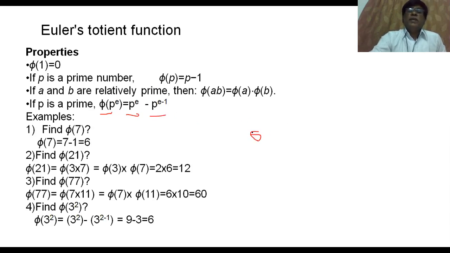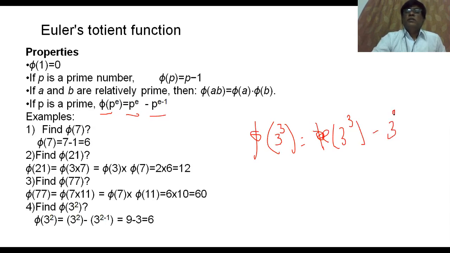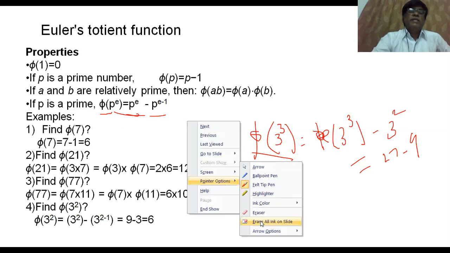That means phi of 3 cube is equal to 3 cube minus 3 square, so 27 minus 9. This is the phi of 3 cube value. Like this we will calculate the phi of p power e value. These are some of the examples.